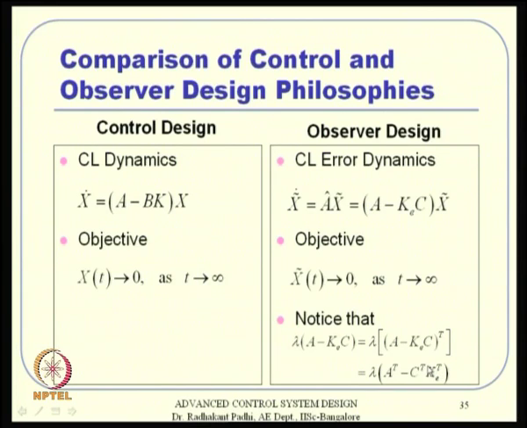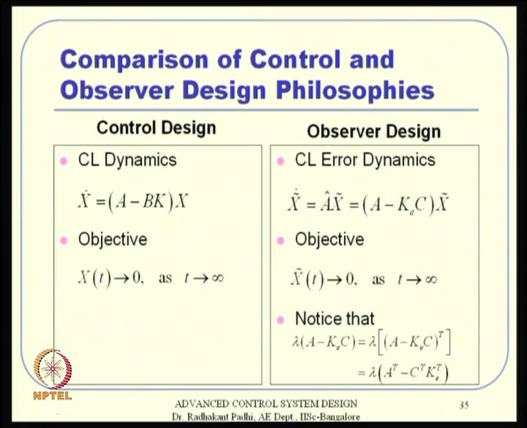So, what appeared on the left hand side now appears on the right hand side, and the problem becomes compatible provided we interpret A as A transpose and B as C transpose. Then K E transpose is equivalent to our controller gain.